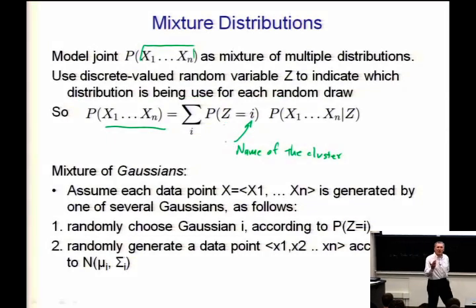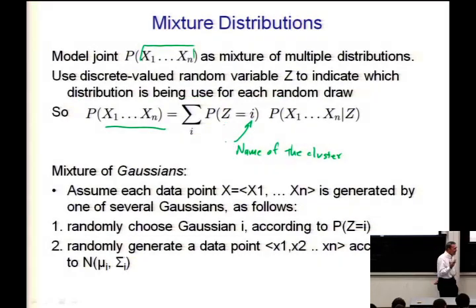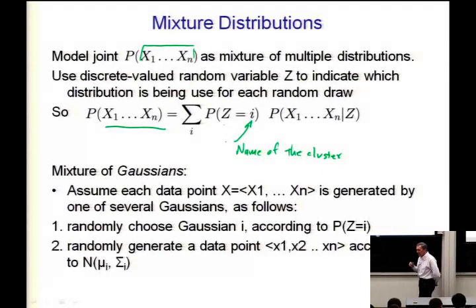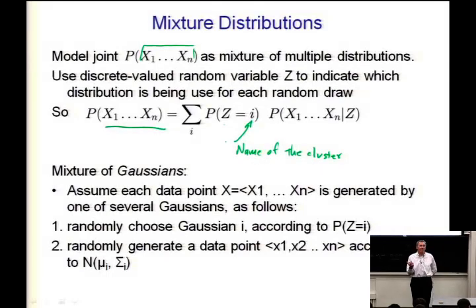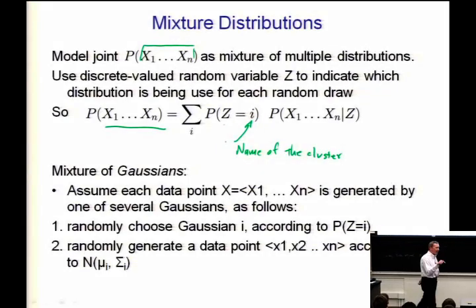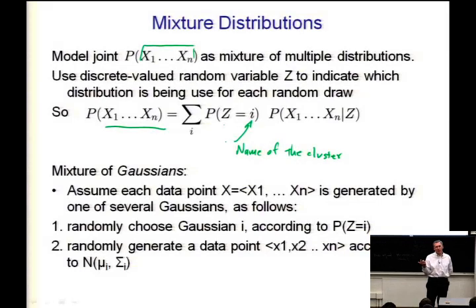So I'm going to have a latent variable z, a discrete-valued variable. For any given data point, we can't observe z. That's one of the unobserved variables. But it's going to be the indicator variable that indicates which cluster this data point belongs to.